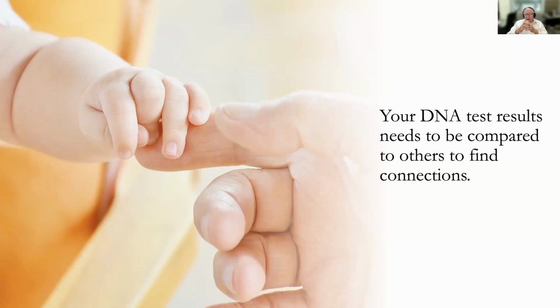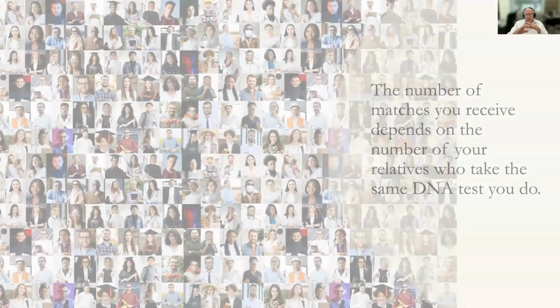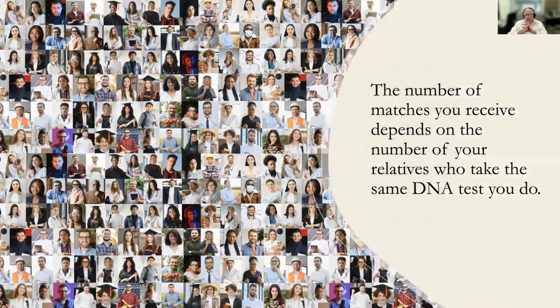So there's a tremendous amount of information out there, but it may be compartmentalized and may only be usable when you have enough people out there. So the number of matches you get depends on the number of your relatives who take the same DNA test you do.